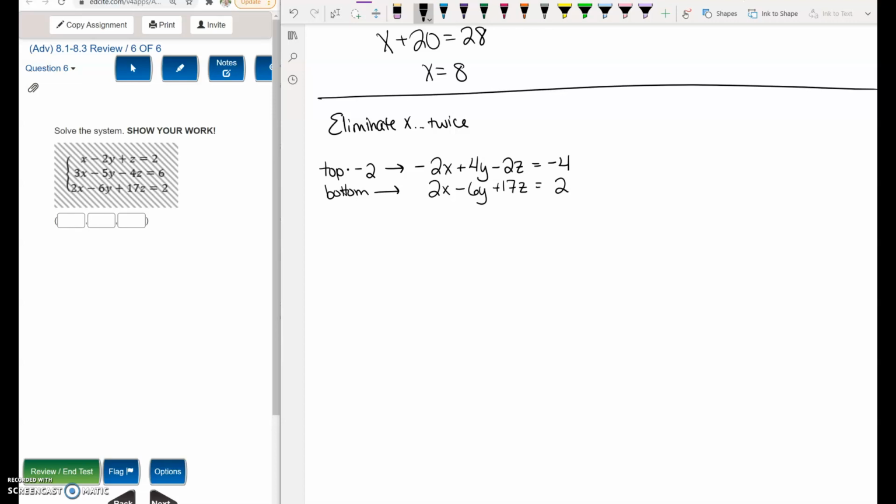So I decided to multiply this top one, this kind of naked x, by -2 and use the top and the bottom to eliminate. All right, so I eliminate these and I get -2y plus 15z equals -2. I'm going to put that one up here and save it for later.